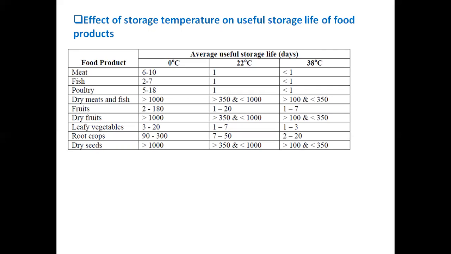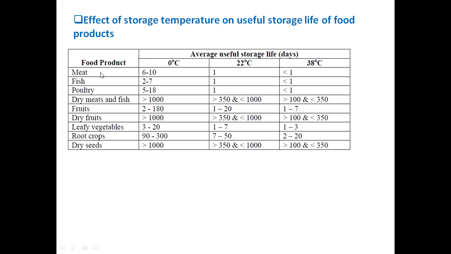As you can see, the first column shows the food products, like meat, fish, poultry, dry meats, fruits, dry fruits, leafy vegetables, root crops, and dry seeds. If these products are not stored under controlled temperature, meaning atmospheric temperature in our India, a hot tropical environment, the average temperature is above 35 degrees Celsius.